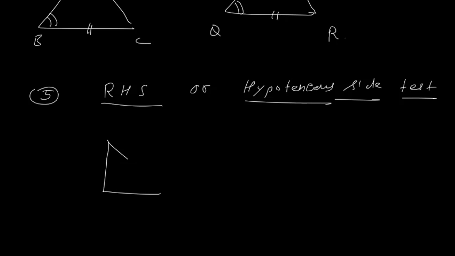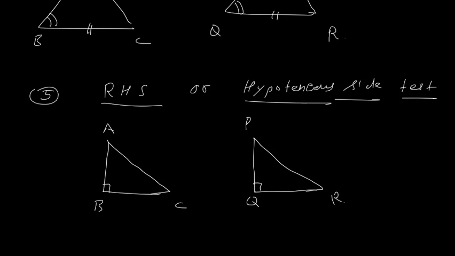So triangle ABC is a right angle triangle. Here, say angle ABC, angle B is 90 degrees. Here also, in PQR, angle Q is 90 degrees.